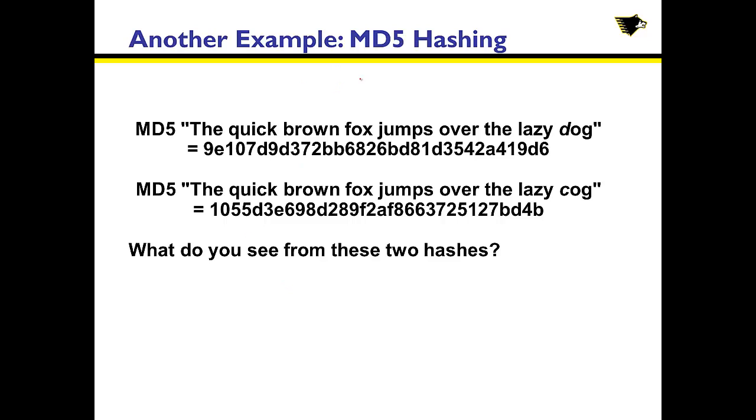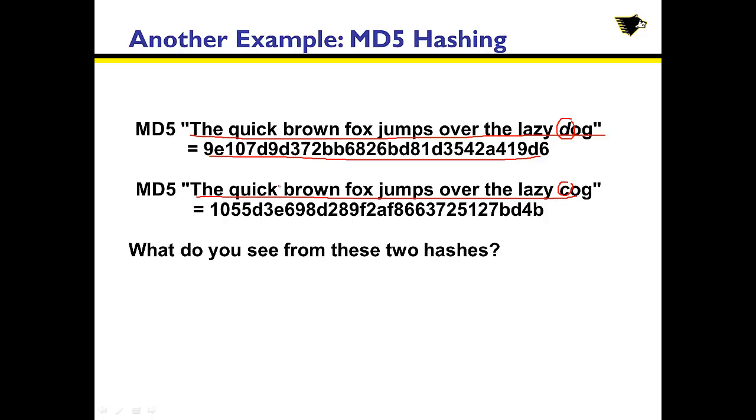Another example of hashing is the MD5 hash. The message is as follows. Then we use the MD5 function to create the hash value, which will be this one. Another message, see here, is similar to the first message, but there is a small difference. This is dog, this is Coke.